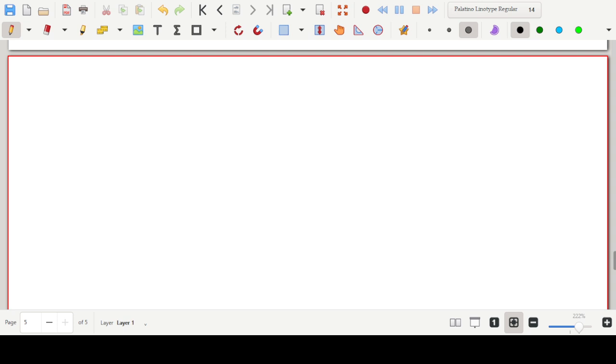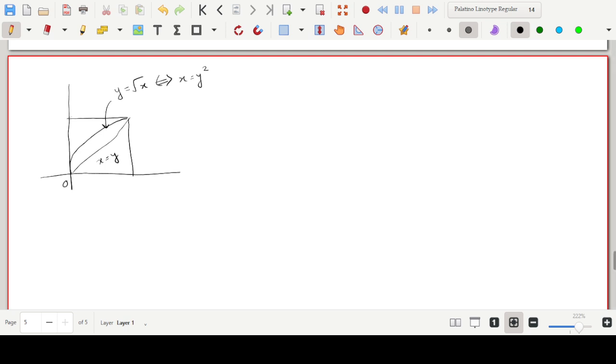Let us redraw the diagram. I'm sorry, not a very good diagram, but please bear with me. This is x equal to y, and this is y equal to square root of x, which can be equivalently written as x equal to y square.